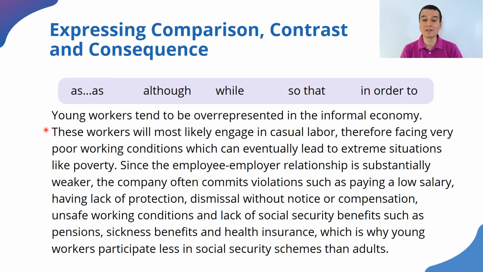These workers will most likely engage in casual labor, yes, therefore, consequence, facing very poor working conditions which can eventually lead to extreme situations like poverty. So poverty is the ultimate consequence of people not working under good, healthy conditions.